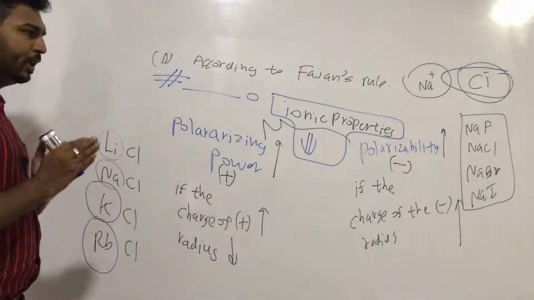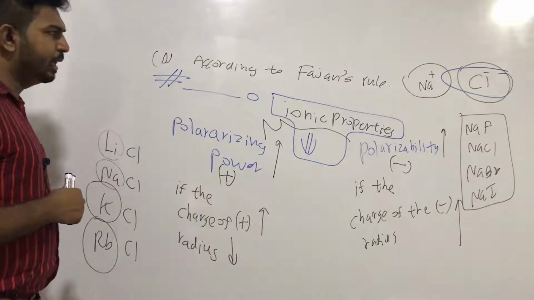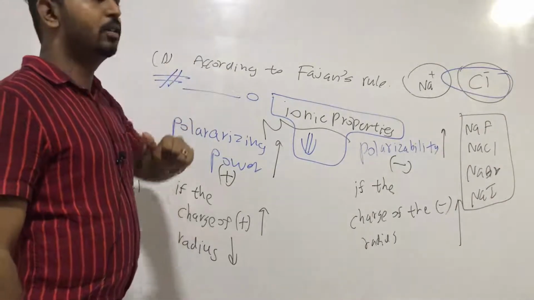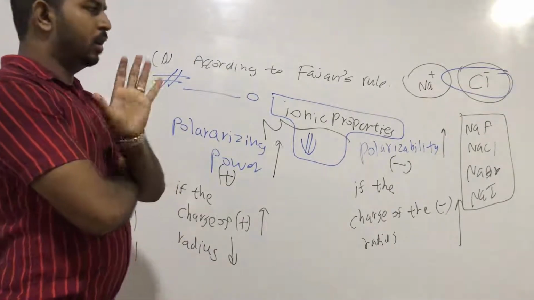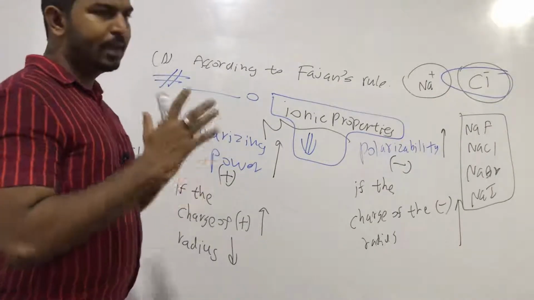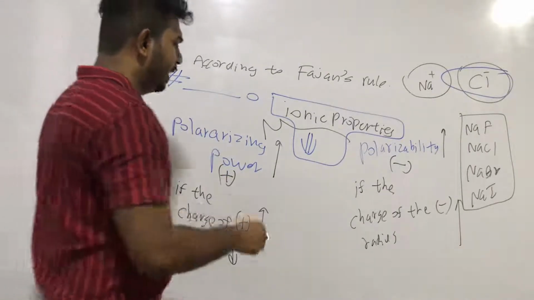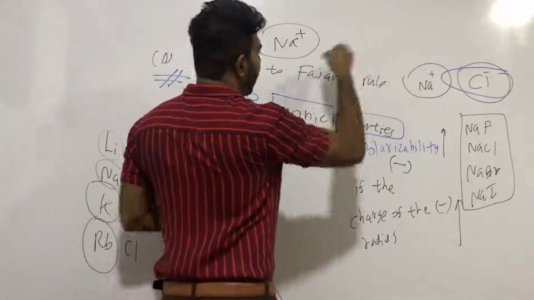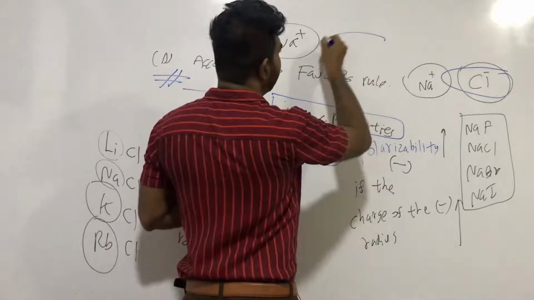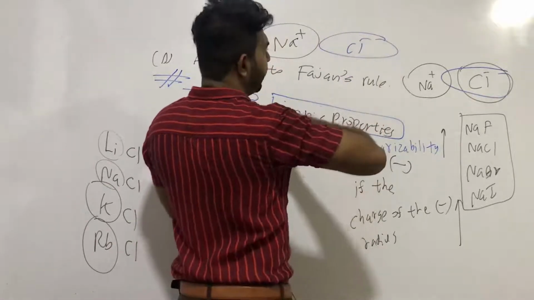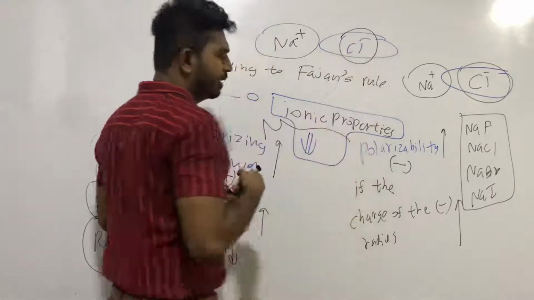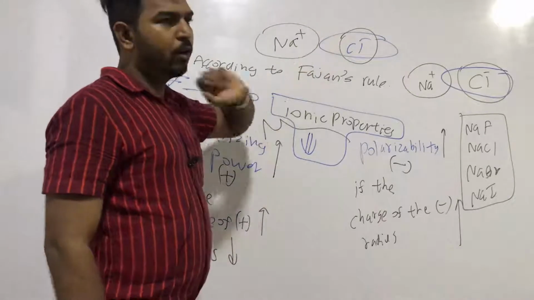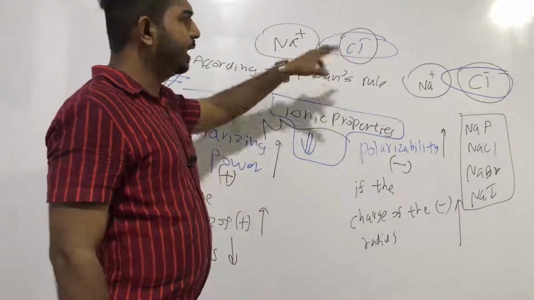Okay, then now I think you can understand what this is. So Fajan's rule says that when there are two ions, cations and anions, the cation tries to attract electrons of the anion, and therefore there is a distortion of the electron cloud.